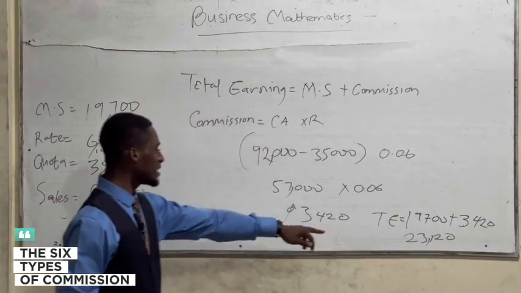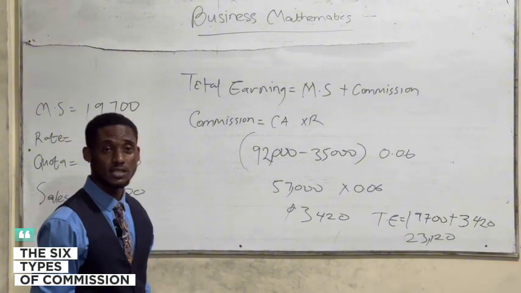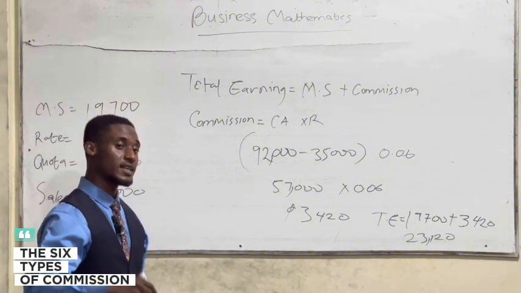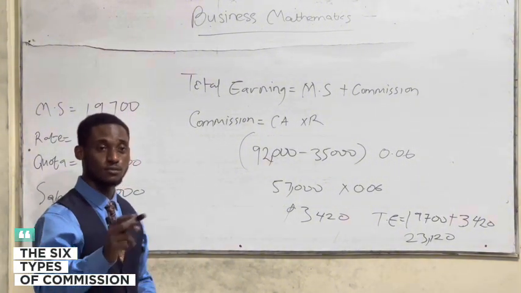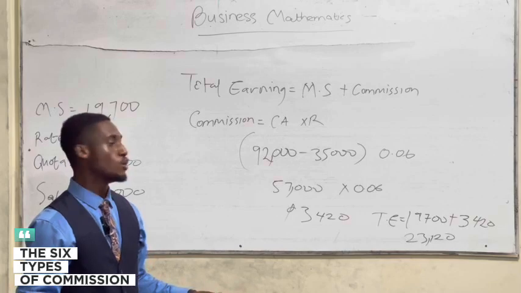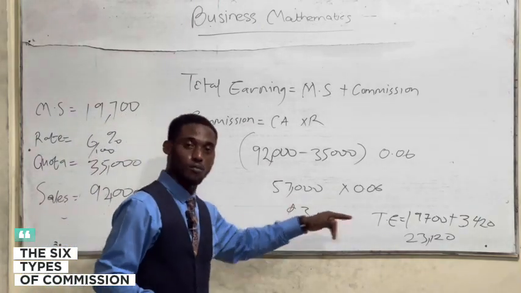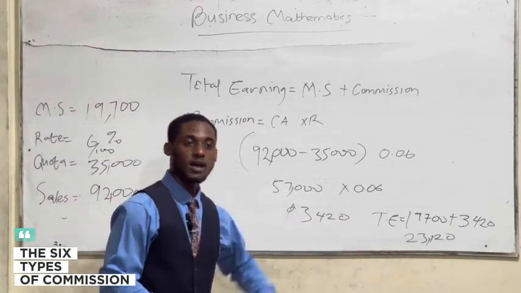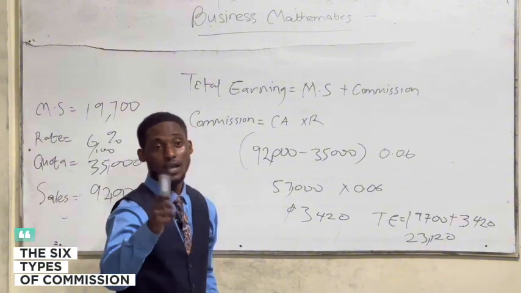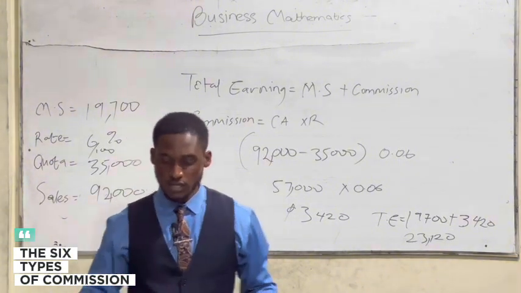So after getting this 23,120 cedis, we already stated that when it comes to salary plus bonus commission, the name speaks for itself. So we have to add a bonus to what? The total earning. And we already have a bonus of 100 what? Cedis.